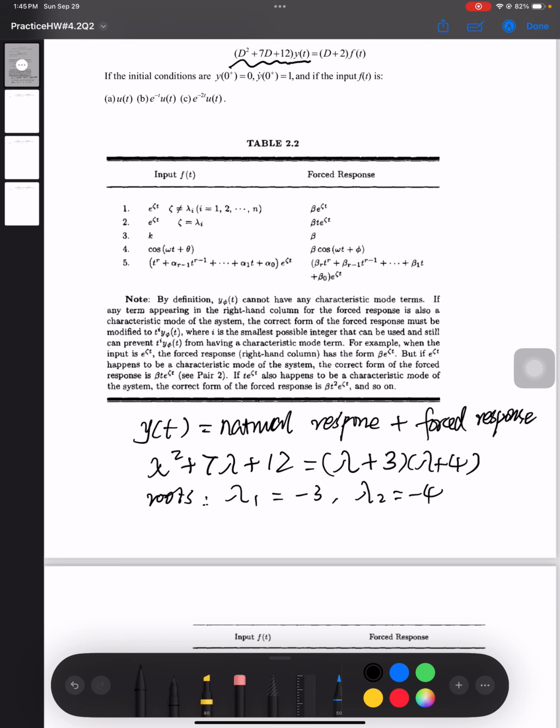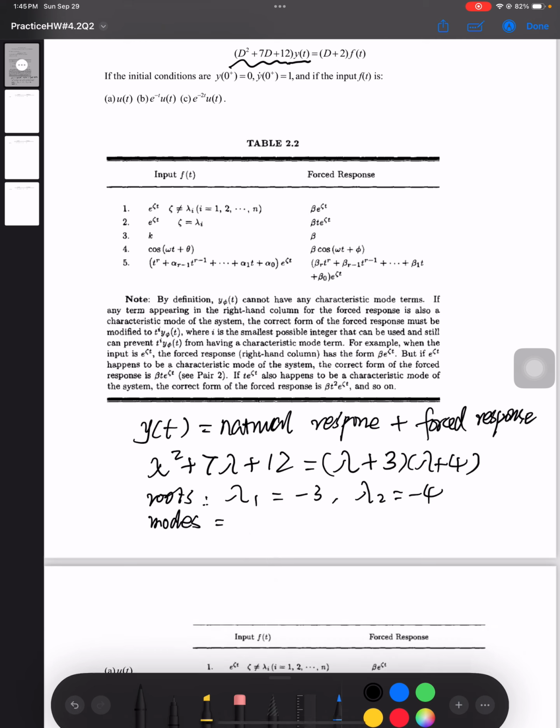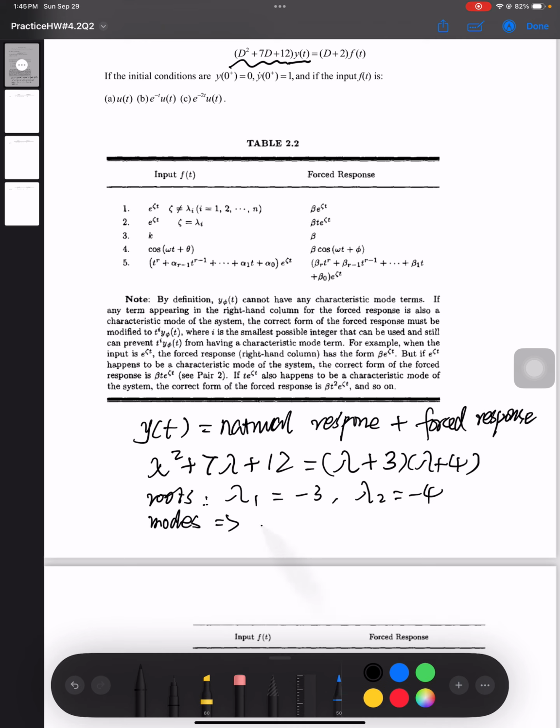And then we can get the characteristic modes, e^(-3t) and e^(-4t). So we can get the natural response, y0(t), equal to the linear sum of these two parts, which is k1 e^(-3t) plus k2 e^(-4t).